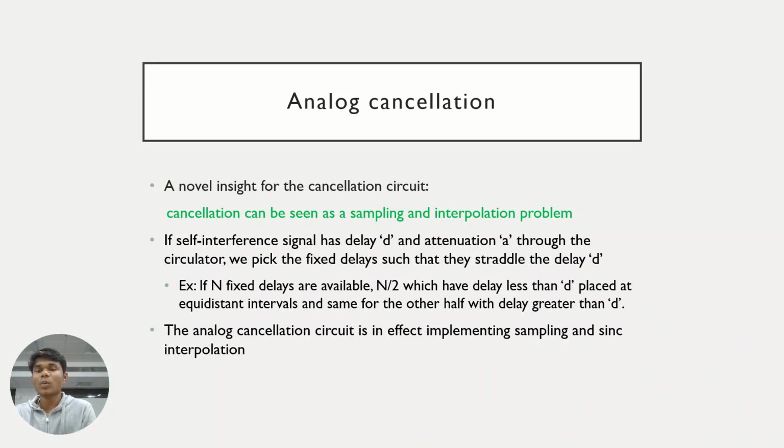So if we have n fixed delays available, we keep n by 2 of them with delay less than D at equal distant intervals, and n by 2 of them with delay higher than D, as in we are straddling the delay D.